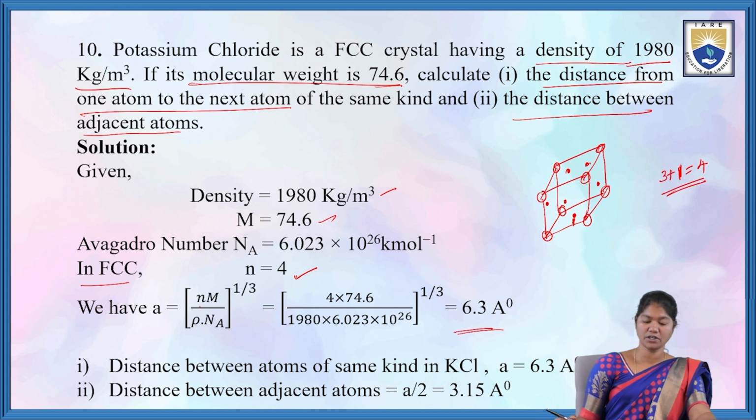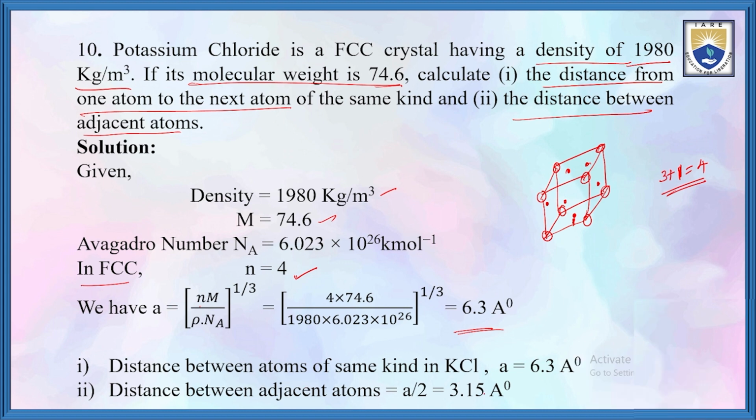So the distance between atoms of the same kind in KCl is A, 6.3 angstroms, and the distance between adjacent atoms is A by 2, which is 3.15 angstroms.